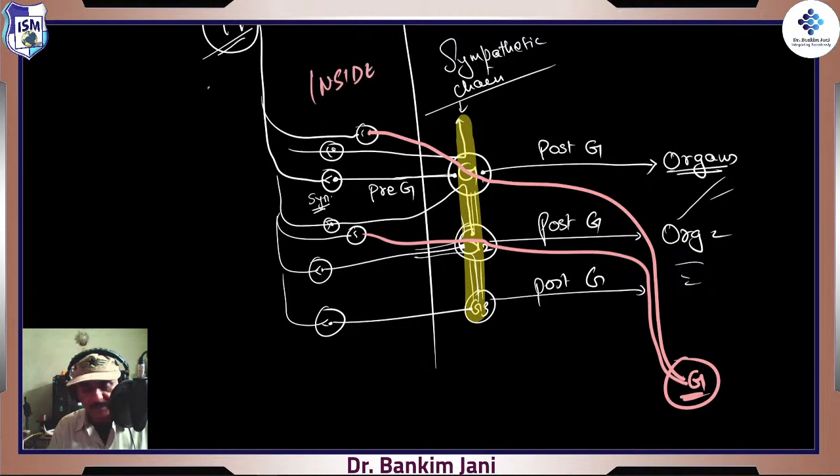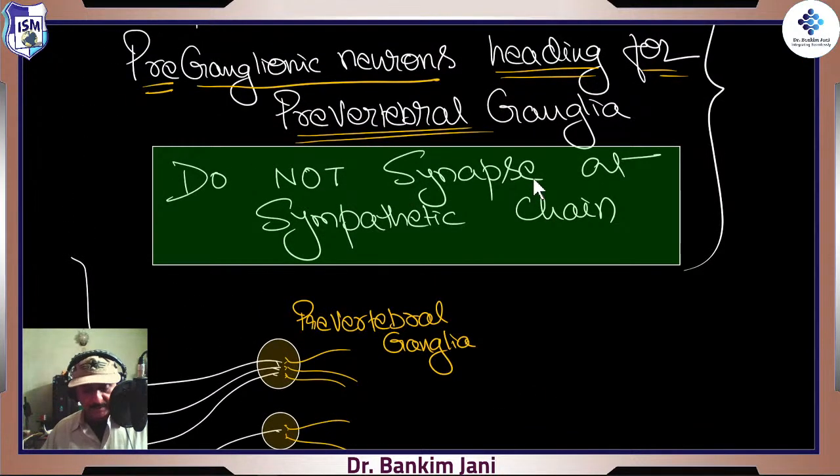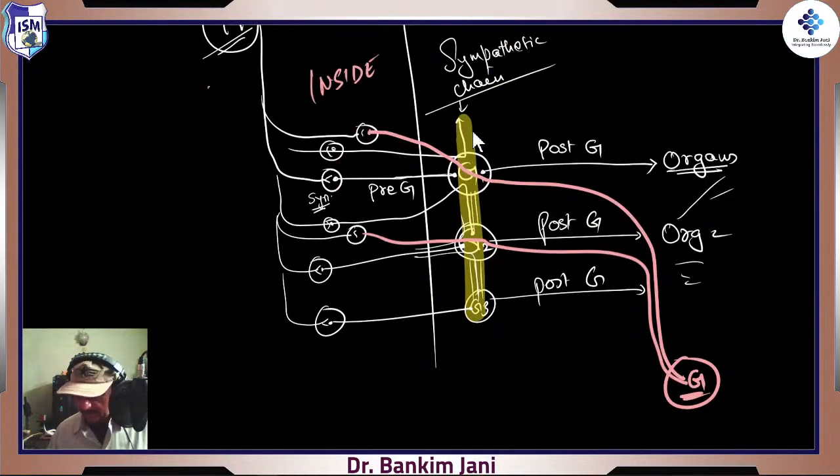Now these fibers, what we talked about, these fibers which bypass, which are those fibers? These are preganglionic fibers. Just understand this statement. These are preganglionic fibers. Ganglion is here, and these are preganglionic.